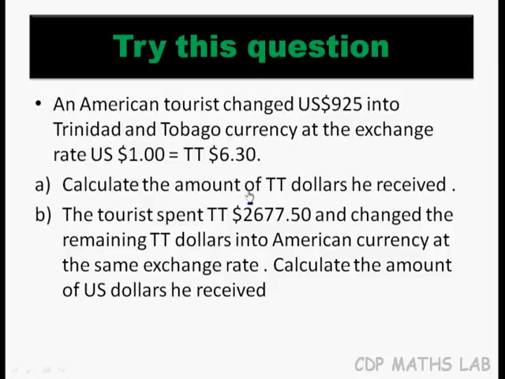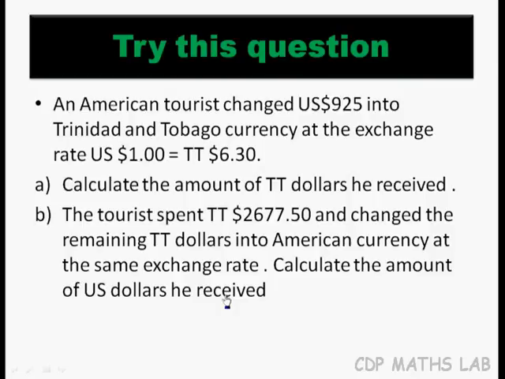Calculate the amount of TT dollars he received. The tourist spent TT $2,677.50 and changed the remaining TT dollars into American currency at the same exchange rate. Calculate the amount of US dollars he received.